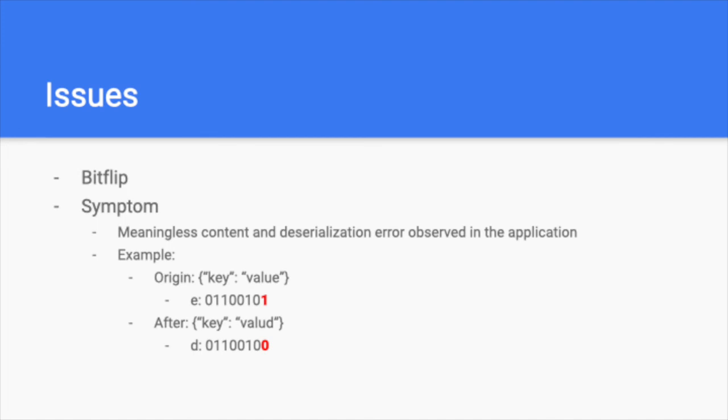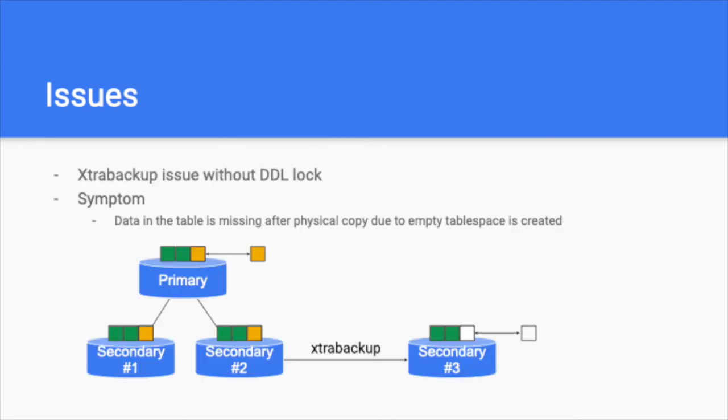The other interesting issue we found is during the 8.0 migrations. It's a particular issue in how redo log was reapplied against the instance that was copied by XtraBackup. But it's not entirely an XtraBackup bug. It's mostly how we are using XtraBackup in production, because we have active schema changes every now and then in the production live database.